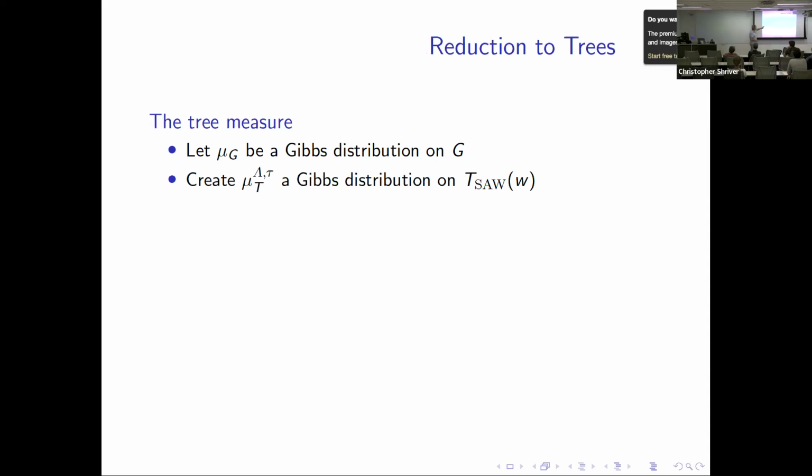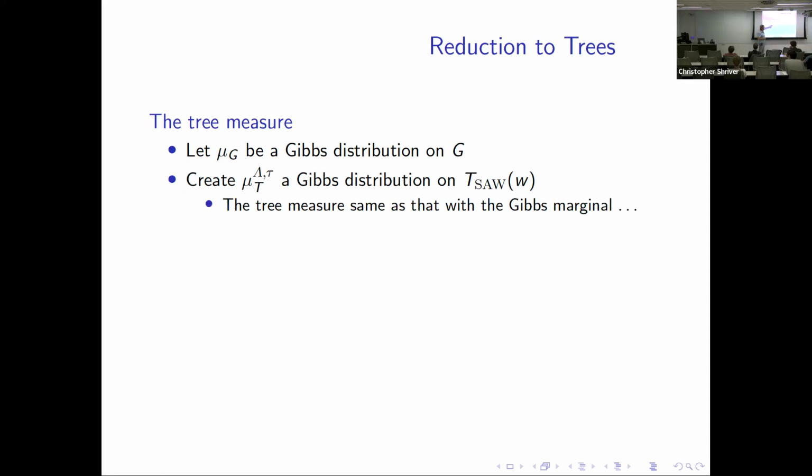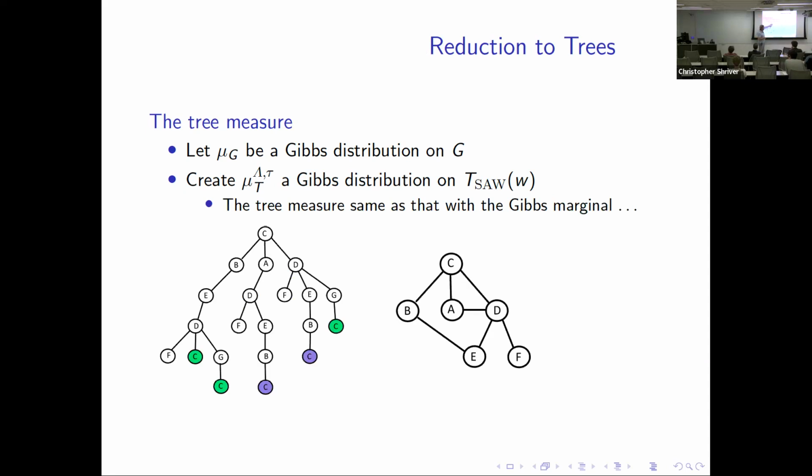Also, what Weitz did: basically, given some Gibbs distribution mu G at G, he created a Gibbs distribution at T of W with the same specification. For example, if this is a hardcore model, then we have a hardcore model on the tree, but we impose some boundary conditions in some systematic way.